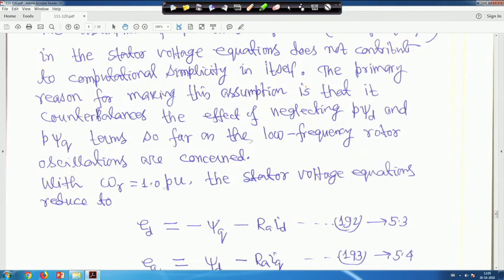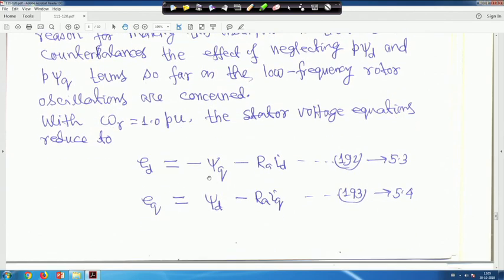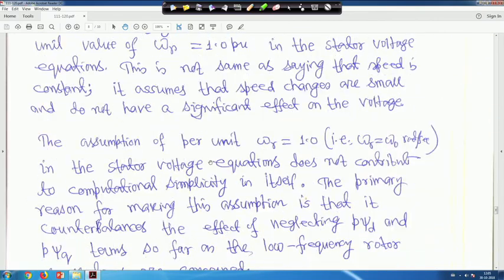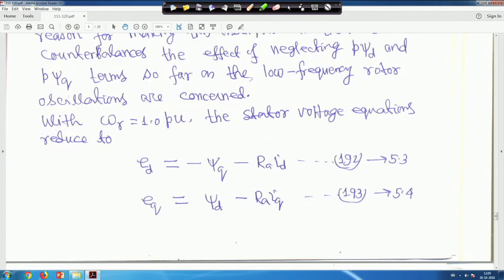With omega r equal to 1.0 per unit, the stator voltage equations reduce to E d equals minus psi q minus R a I d, this is equation 192, and E q equals psi d minus R a I q, this is equation 193, right. So, that means we are simplifying one after another.